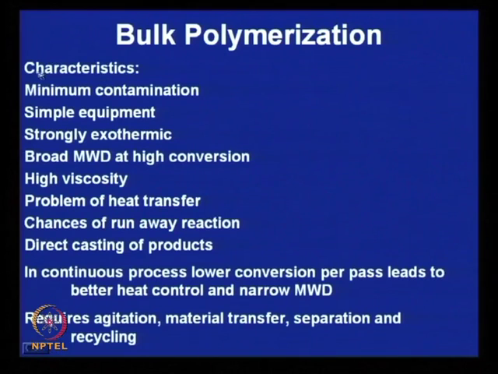So, here in this slide you see there are various characteristics of this bulk polymerization. It provides minimum contamination of the polymer. As I said, it contains only polymer and residual catalyst or initiator. So, we can say you can get minimum contamination in the product.